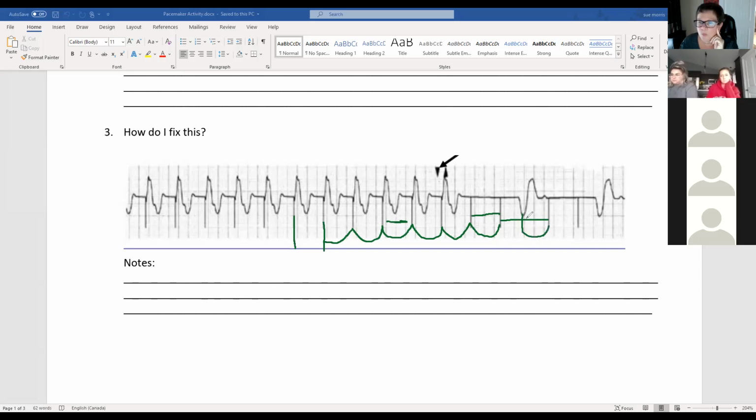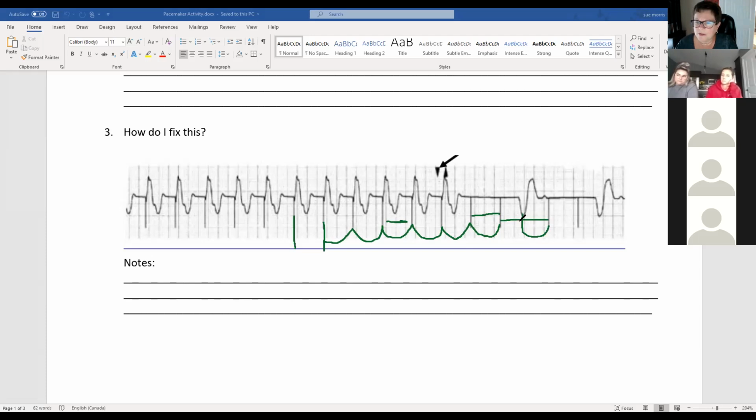So this wide, weird looking rhythm is a ventricular escape beat. It's the ventricle saying, holy crap, man, nobody's doing anything. I better throw out a little bit of cardiac output here so my guy doesn't croak. It's great that the ventricle has the ability to do that.